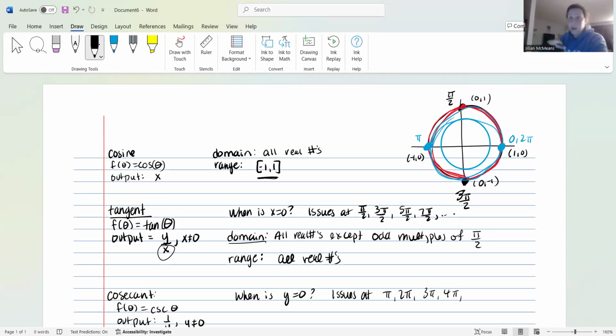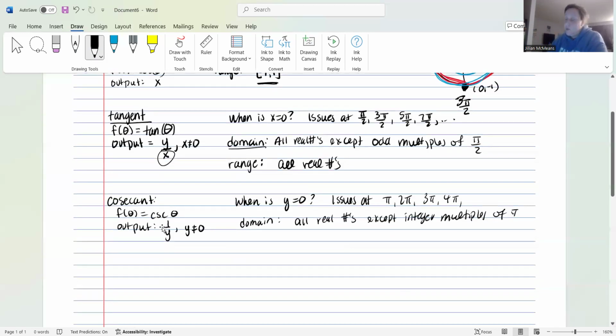I would have issues at negative pi, -2 pi, -3 pi. So we would say here that the domain is all real numbers except integer multiples of pi. Okay, and again, we're going to find a fancier way to write that in the next video.